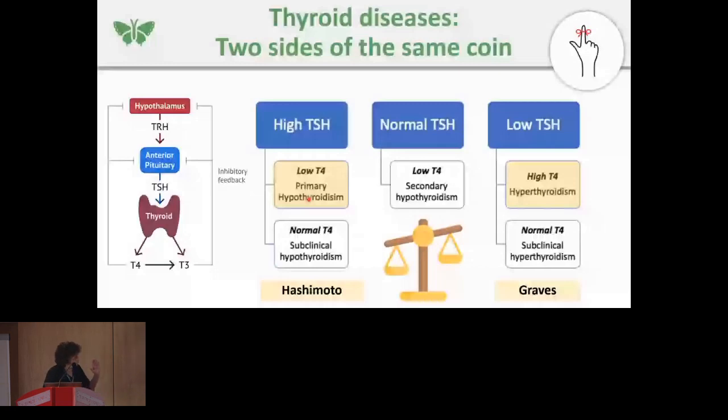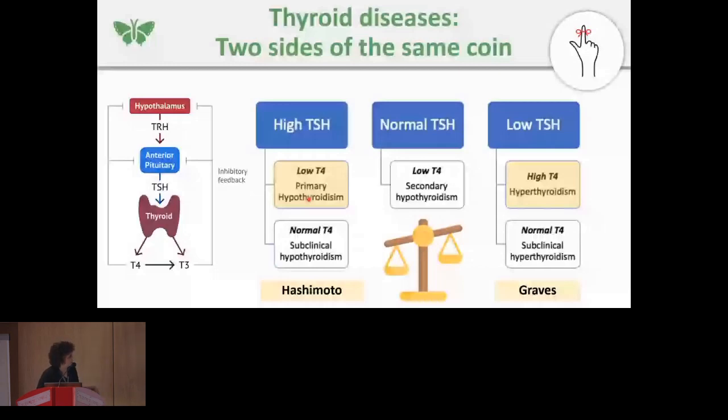So it's important to note that once you have this disease, it's often called Hashimoto disease when you have hypothyroidism, and when you have hyperthyroidism, it's called Graves disease. So just to see that sometimes even the names are not two different diseases, but different sides of the same coin. Okay, so that's an important message to mention.